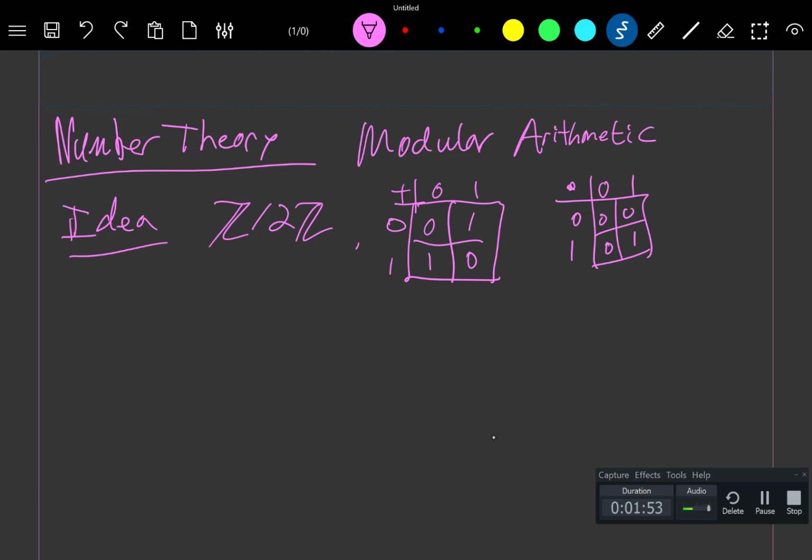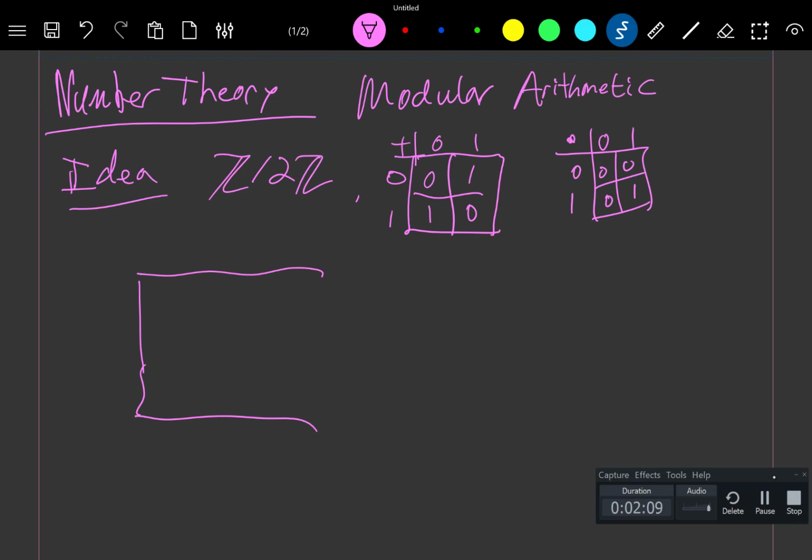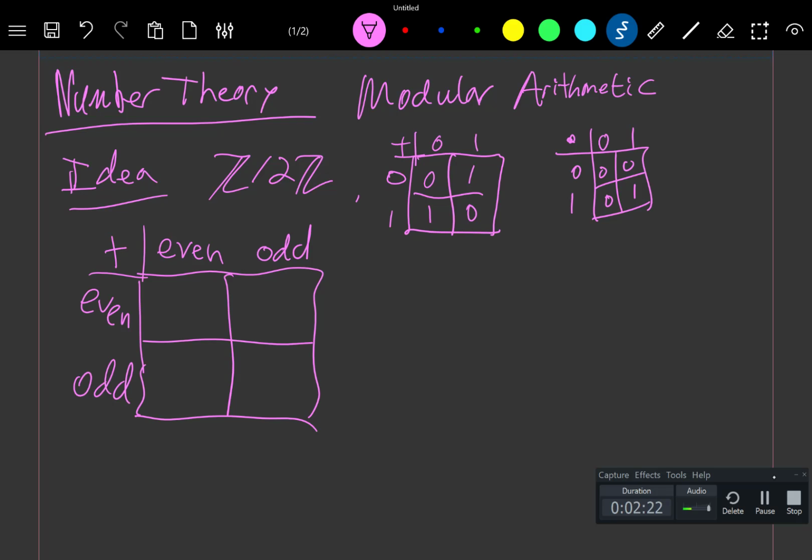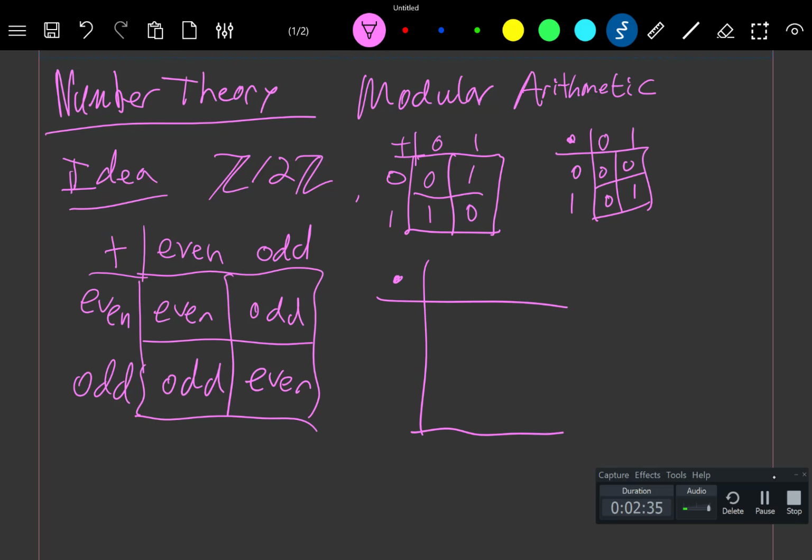How can we interpret what this means in terms of Z mod 2Z? Well, draw this box again, but rather than using 0 and 1, I'm going to put in even and odd. Everywhere we see a 0, we put an even, and wherever we see a 1, we put an odd. What do these two tables actually say?